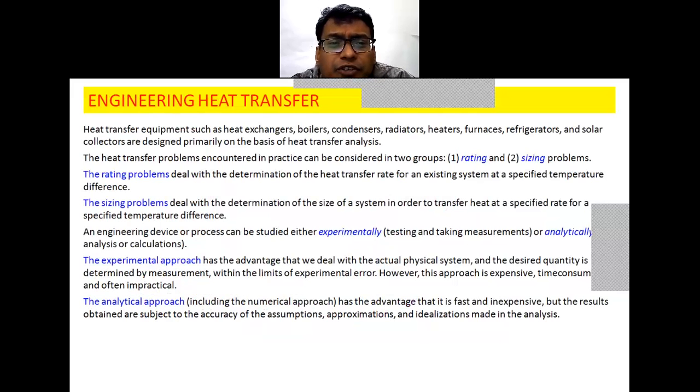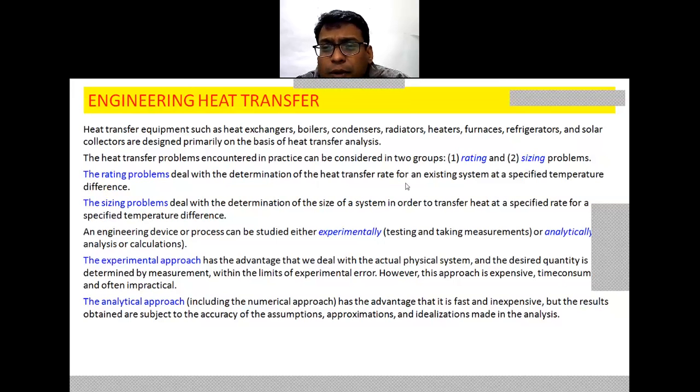Then in the subject of heat transfer, we have two problems, that is rating problems and sizing problems. Rating problems deal with the determination of the heat transfer rate for an existing system. And we are designing the size of the system in order to transfer the heat at a specific rate for the specified temperature difference, that is the sizing problem.